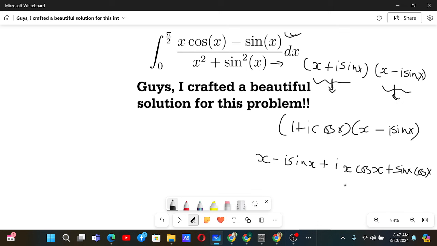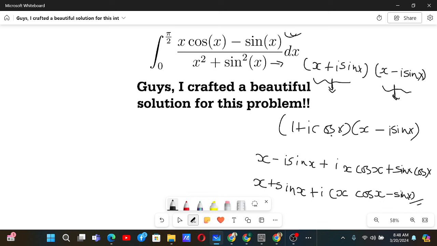Now over here if you notice, the imaginary part is actually the expression that's there in the numerator, x cos x minus sin x. So that's why now there's something beautiful.